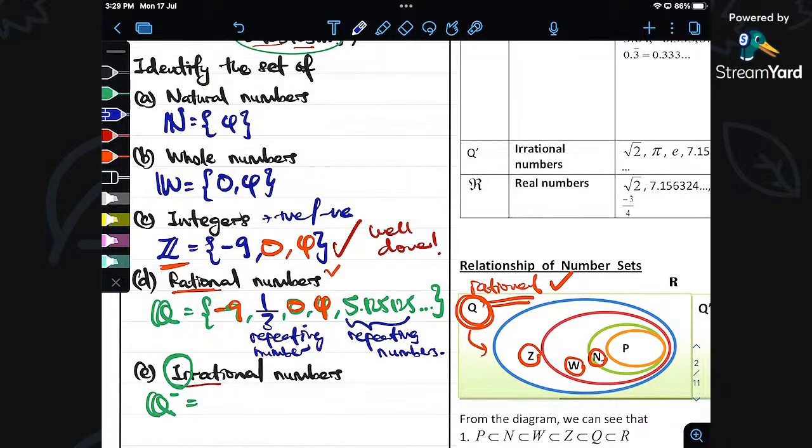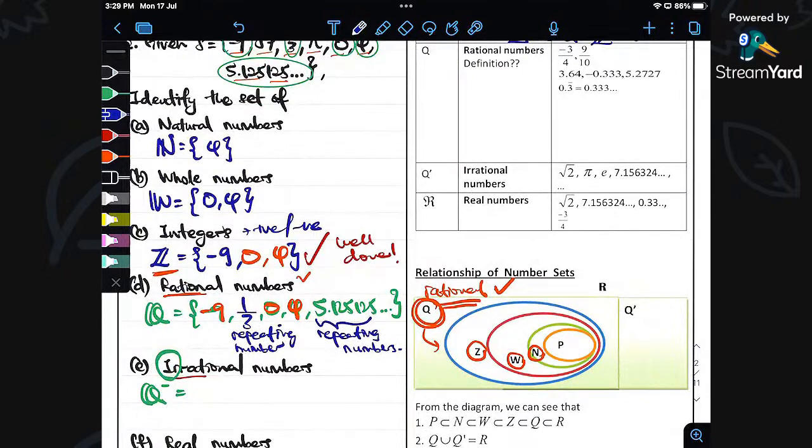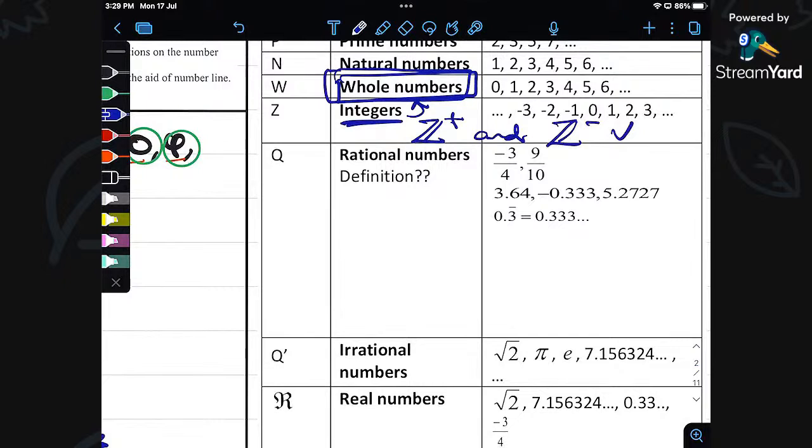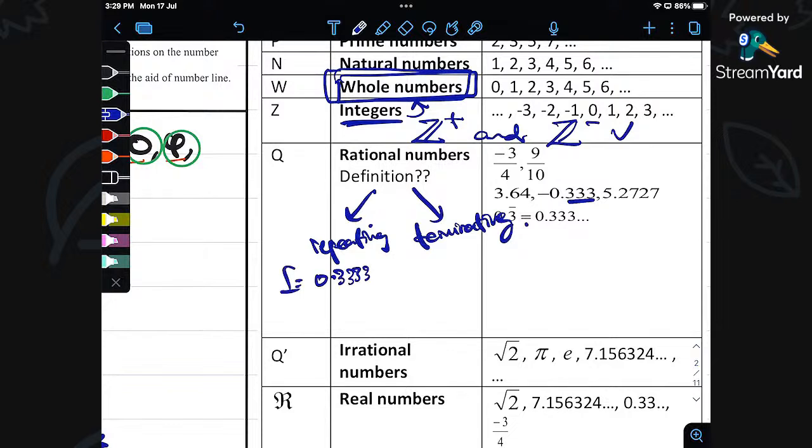So repeating numbers, what does it mean by repeating numbers? If you check back here, di dalam nota yang di belah kanan ini, you akan nampak. Okay, just now I said that rational got two types of numbers. Just now it's repeating, and terminating. So repeating numbers is this one. As you can see here, 0.333 non-stop of 3 is actually 1/3.